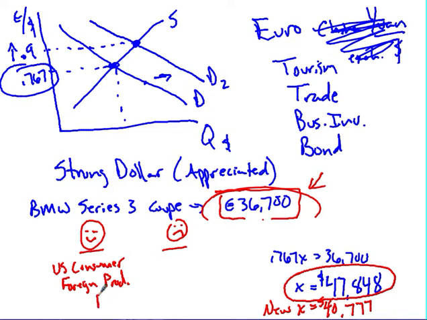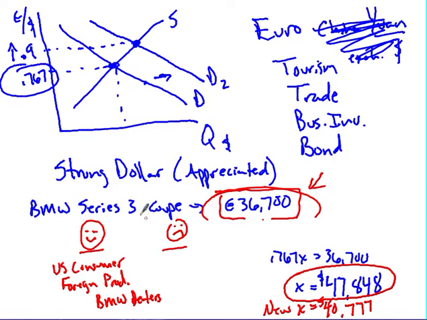If you had any BMW dealers here, they would be extremely happy because now, remember, BMW's in competition. Think of some U.S. car makers, Cadillac. If somebody's debating between a BMW and a Cadillac, now they're more likely to buy the BMW because it just got a lot cheaper.